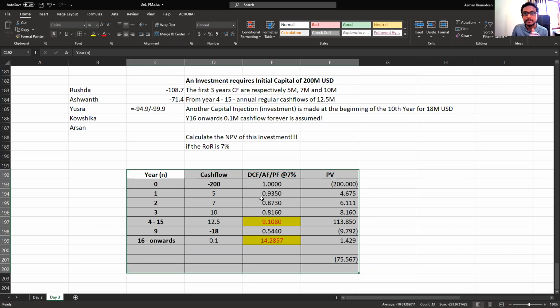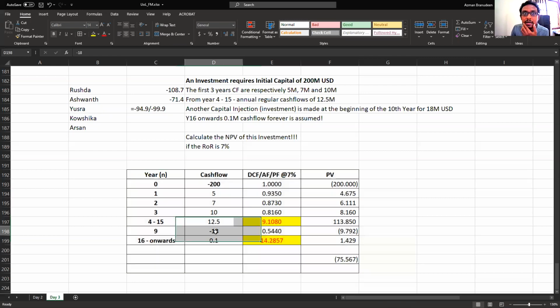And Yusra actually pointed out, I really don't understand how the minus also came over there. This one? Yeah. Okay. So money that we are spending is minus. Money we are getting, we are earning, is positive, plus.